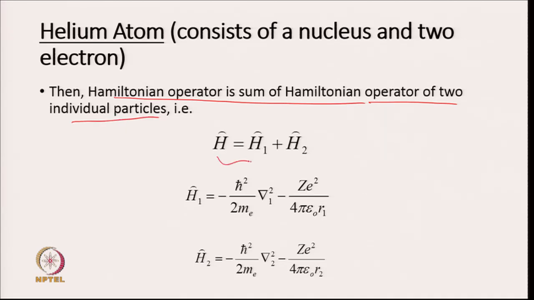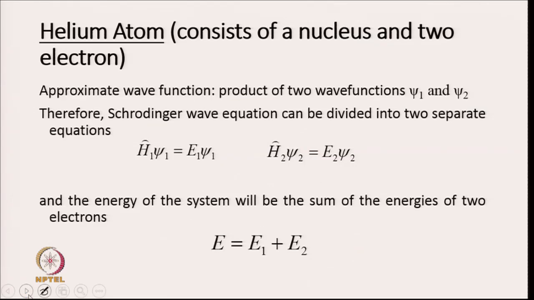So, we can write the Hamiltonian is equal to the Hamiltonian for 1 plus the Hamiltonian of 2, and for 1 we can write the Hamiltonian as minus h cross square by 2 m e del 1 square minus z e square by 4 pi epsilon naught r1, and similarly for the second electron we can write the Hamiltonian. Now the overall Hamiltonian operator is the sum of the Hamiltonian operators of the two electrons.